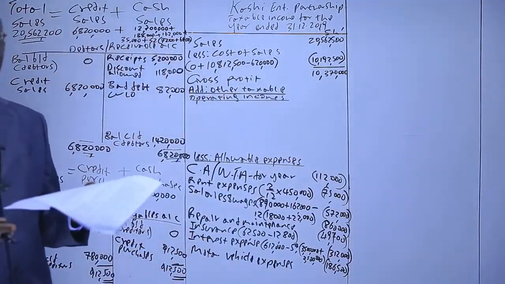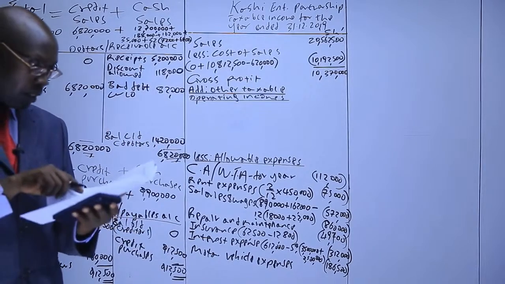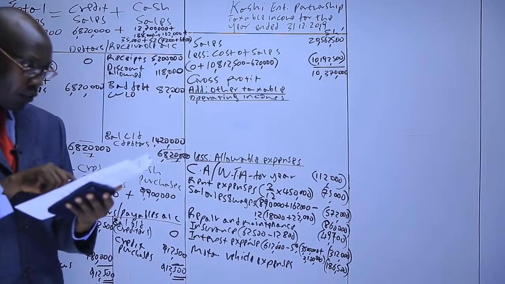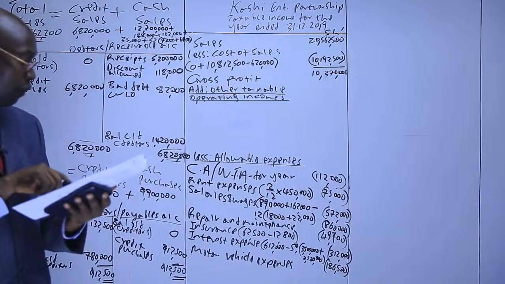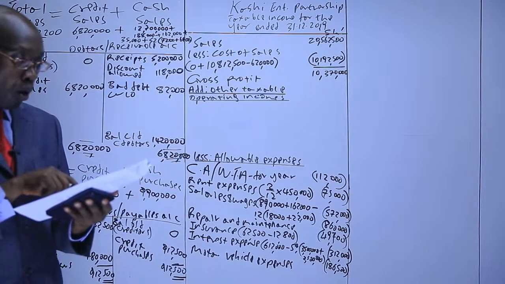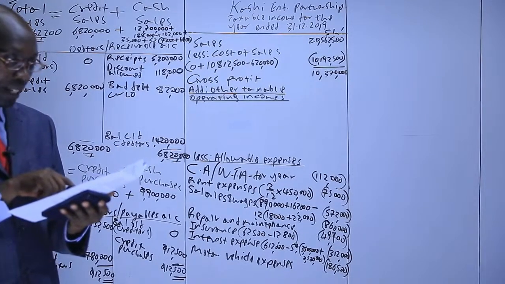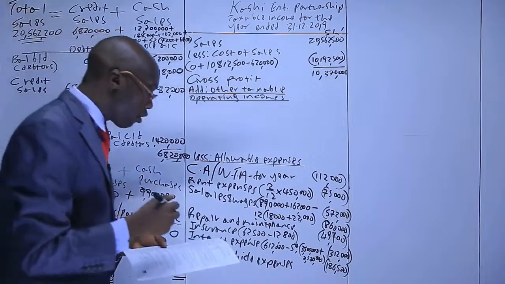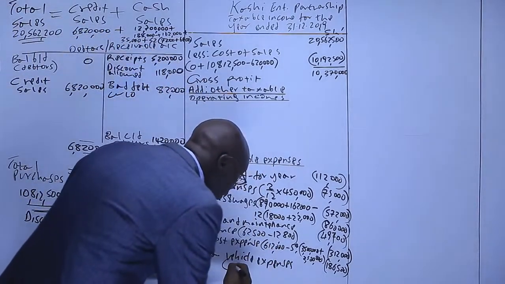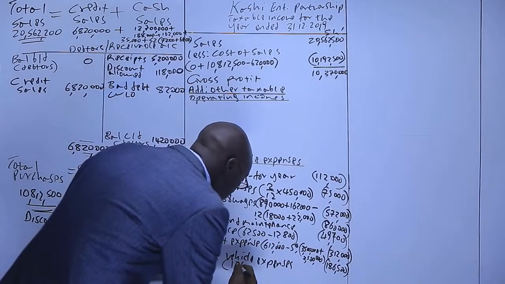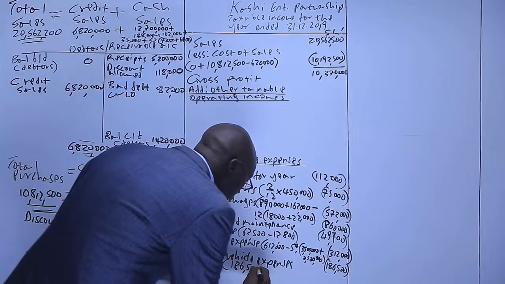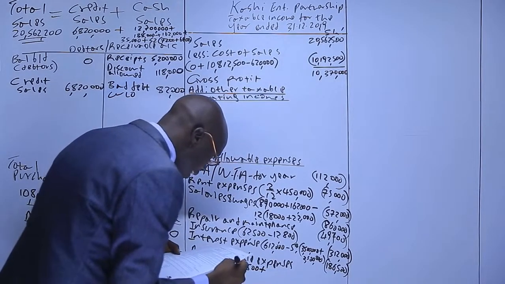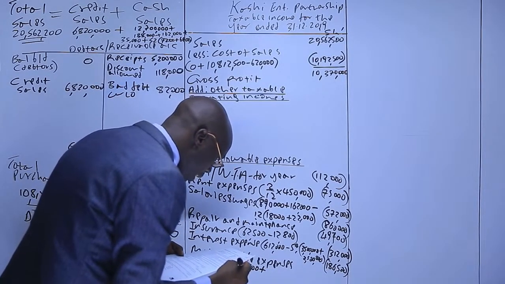After that, we have sundry expense. Maybe there is something that I should have confirmed. In additional information number 1, there is more motor vehicle expense. The one that was paid in cash, 138. We forgot about that, so we should add it. So it will be 186,500 plus the one that was paid cash, which we have 138,000.